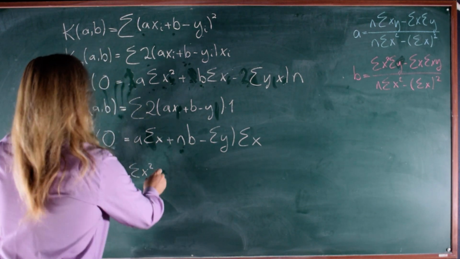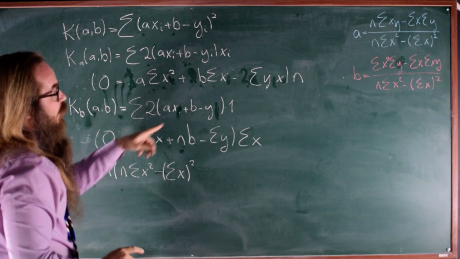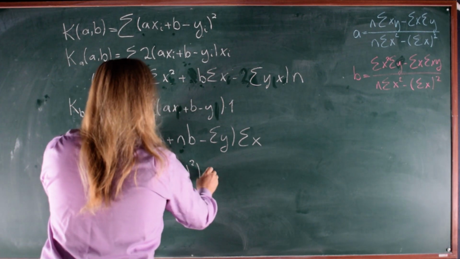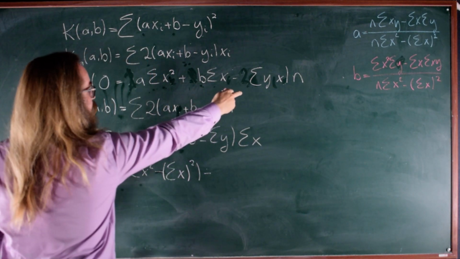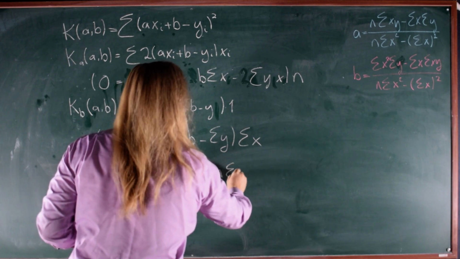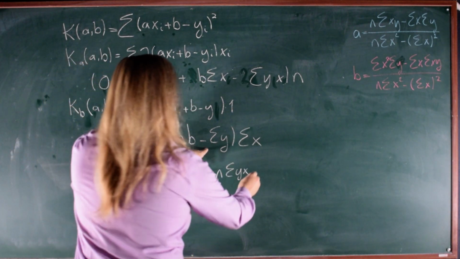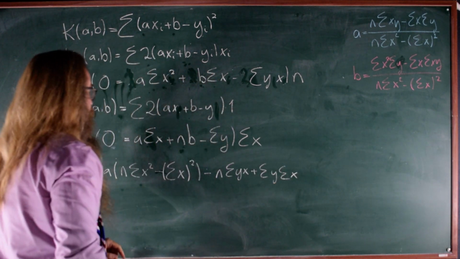And then we have minus sigma x squared. Oh, you can already see the denominator is actually already appearing here. And then we have minus this thing here, so that's n sigma yx.